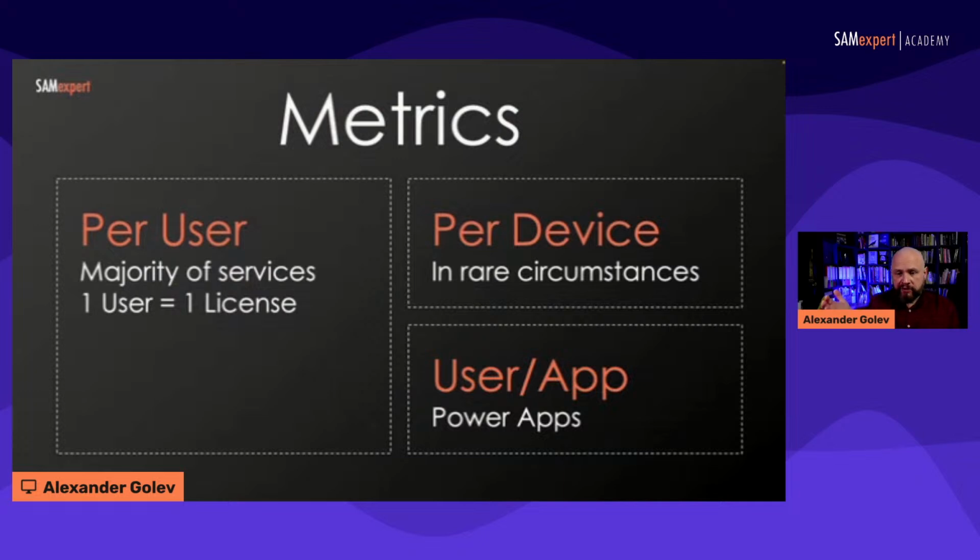So if you have 10 users that require functionality of Microsoft 365, you buy 10 licenses, one license per person. They don't normally need 2 licenses for the same bundle assigned to one user. And if you have, for example, a shared device and users use that shared device, you still need to license users, because that's license per user. There are very few online services from Microsoft that are licensed per device, and Microsoft 365 normally is not one of those.